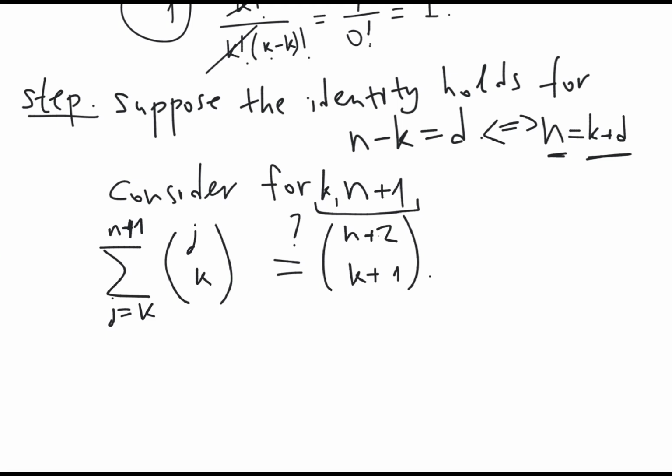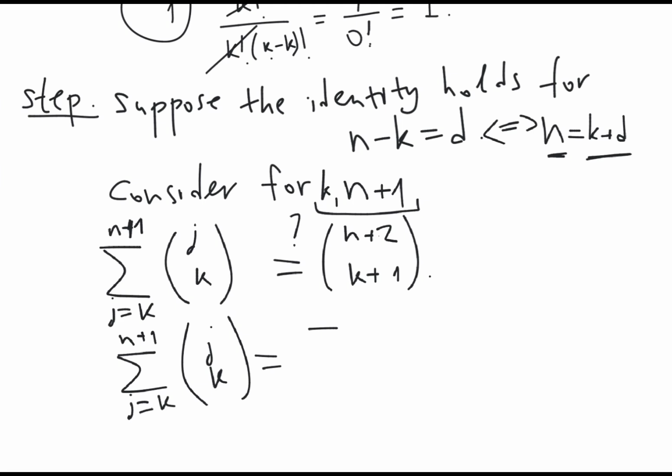So we start from the sum on the left hand side, the sum for j from k to n plus 1 of (j choose k). We simply take all the terms except the last one, because this is the sum to which we can apply the inductive hypothesis.